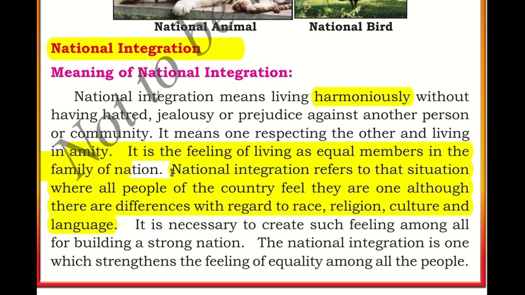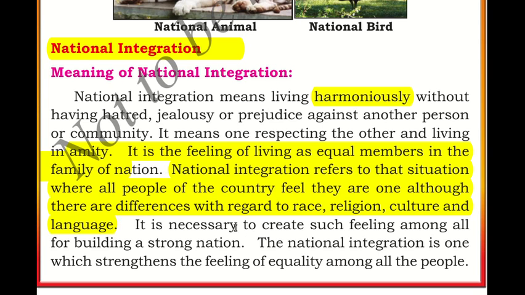So if there is strong national integration among us, then all these differences would become unimportant. So regardless of all these differences, we will consider everybody that is Indian to be of the same family.